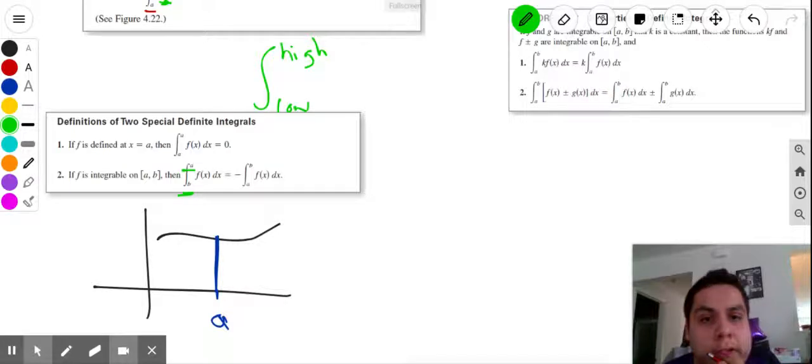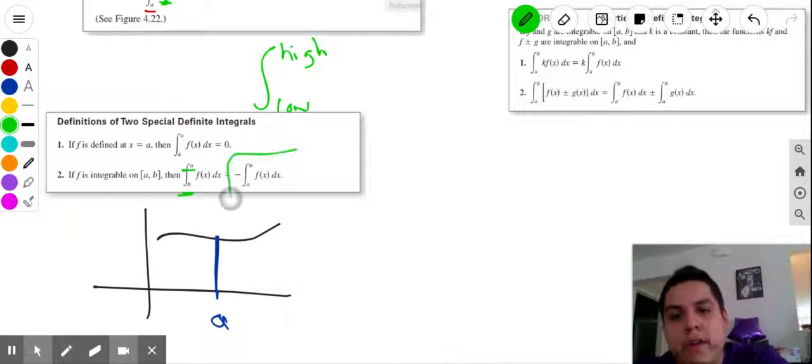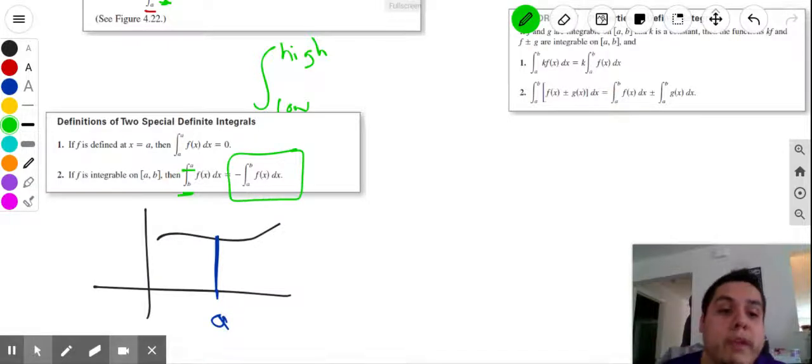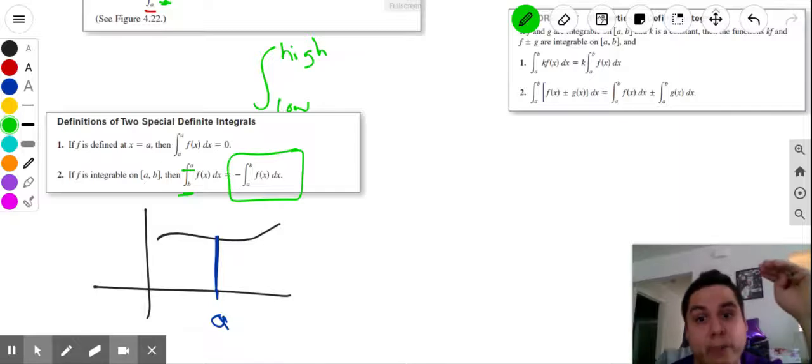And hopefully you can make sense of why, if the upper bound and lower bound are switched, it would be the negative version of what it should regularly be, where the lower bound is the smaller number and the upper bound is the higher number.